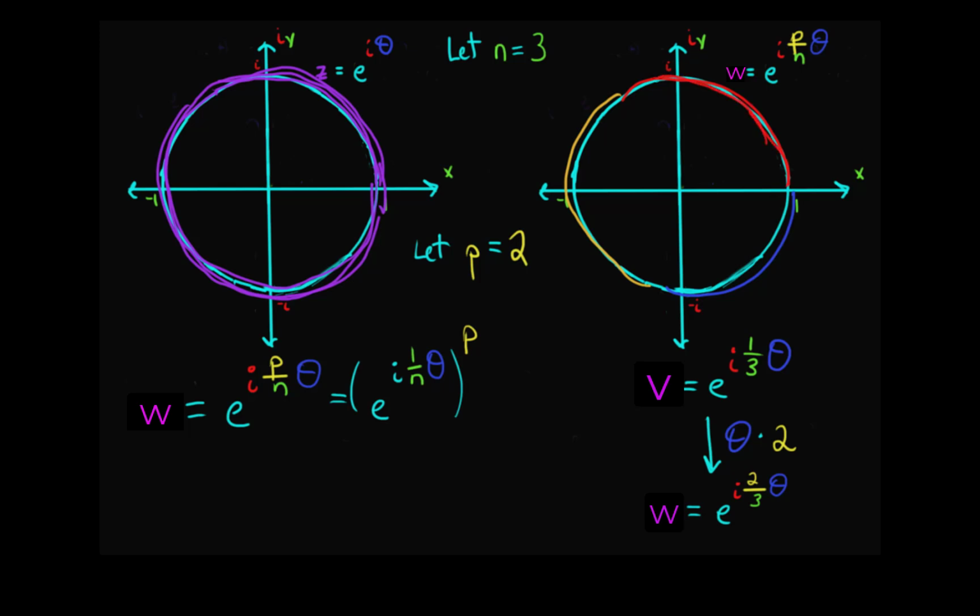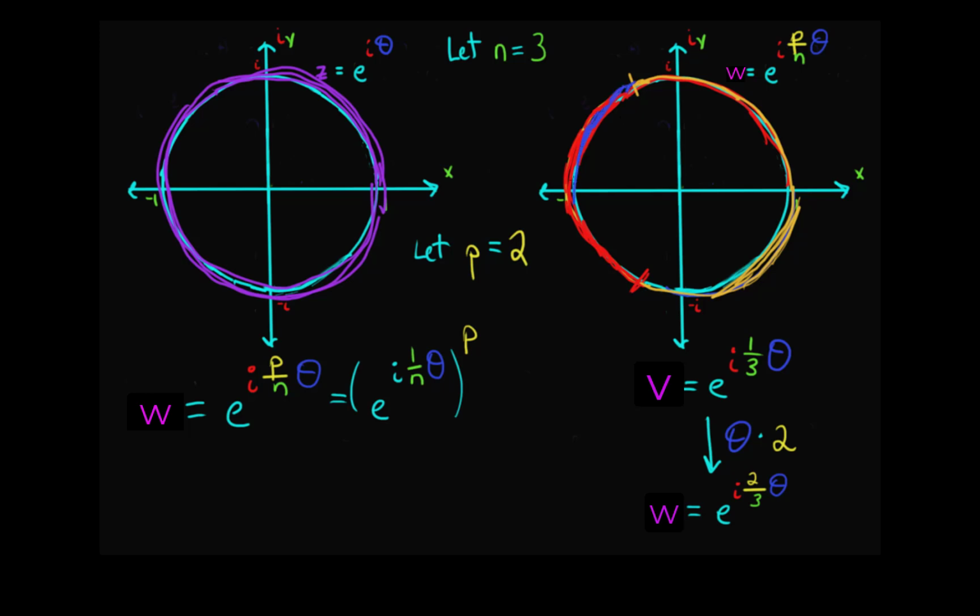will again give us a function with 3 branches, but each branch will be twice as long because we've doubled theta. So the first branch will now go from 0 radians to 4 pi over 3 radians instead of 2 pi over 3 radians. The second branch will go from 4 pi over 3 radians to 8 pi over 3 radians.